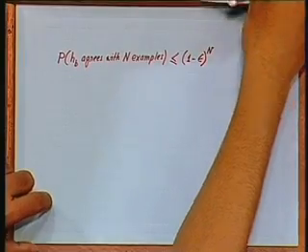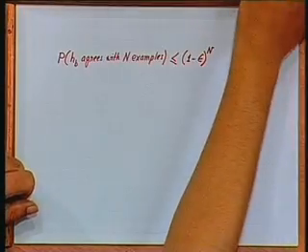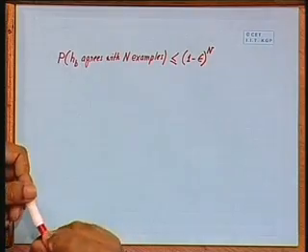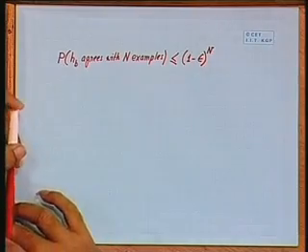Probability that it agrees with one example is 1 minus epsilon, right, and it agrees with all n examples is (1 minus epsilon) to the power of n. Is it? Do we have it? Okay.